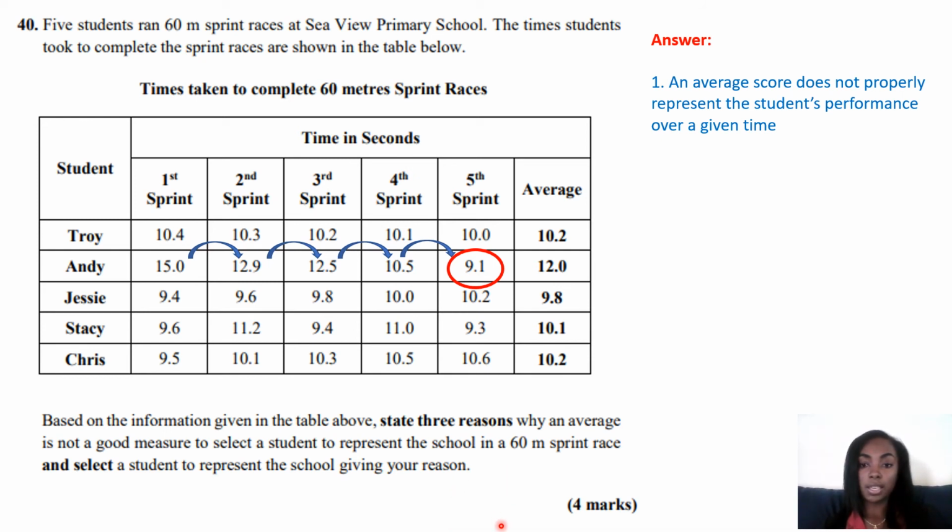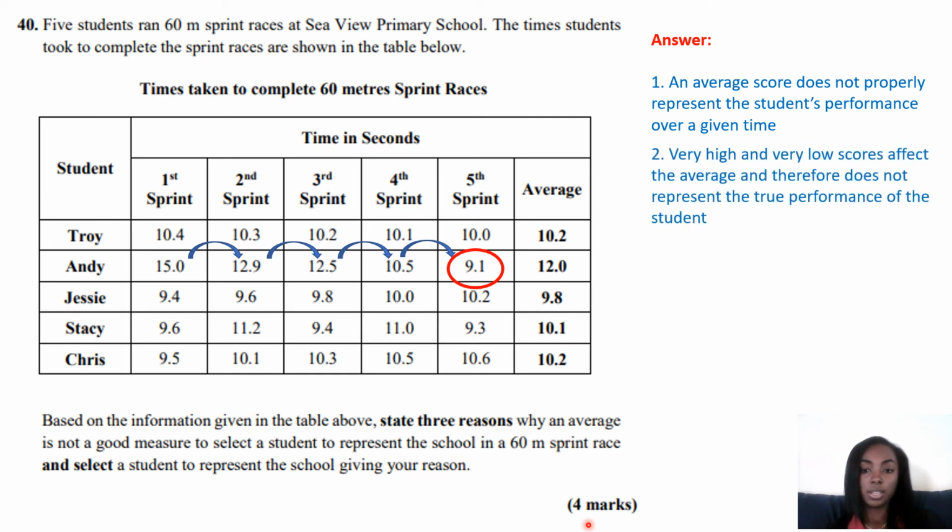And this is why. The average score does not properly represent the student's performance over a given time. We can see that because Andy's average is 12, but his fastest time is 9.1. So it really doesn't give an accurate representation of their performance.